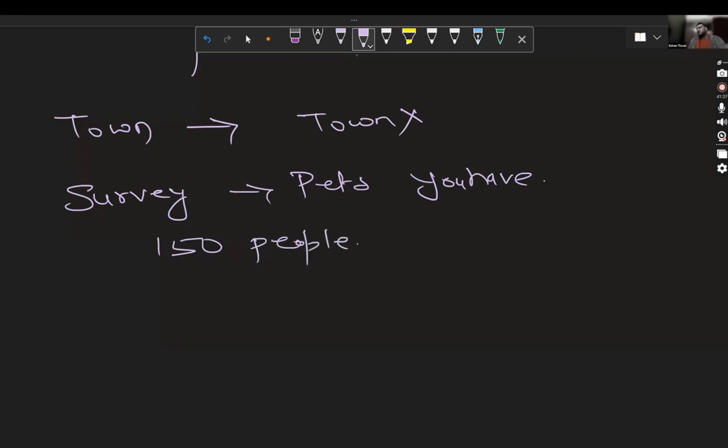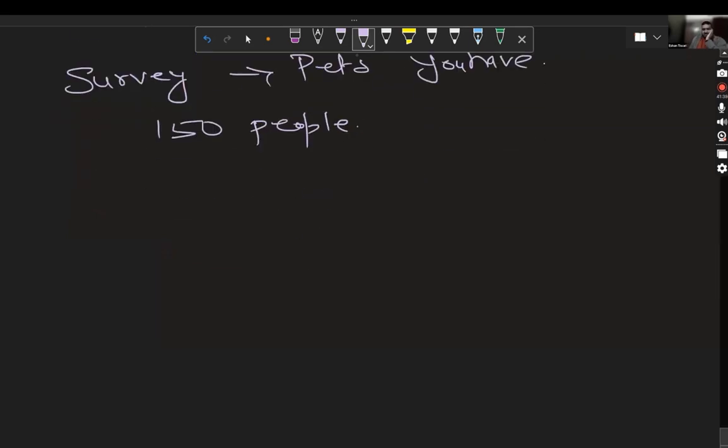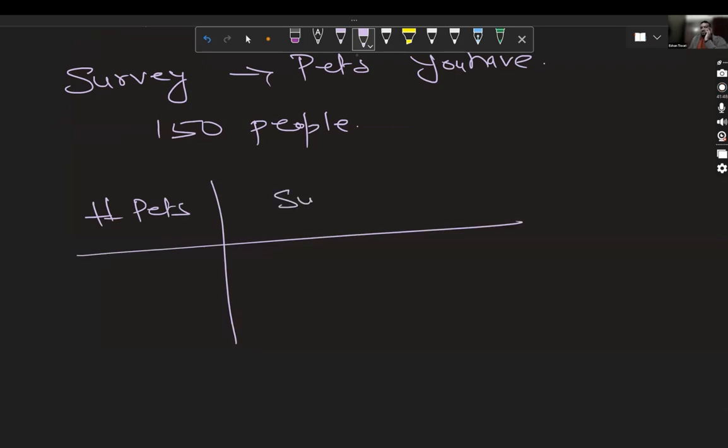Now I am going to tell you the number of pets and survey response. In this survey, we went to each house and asked them how many pets they have. These were the possible combinations. We found that in none of the houses there were more than 3 pets.